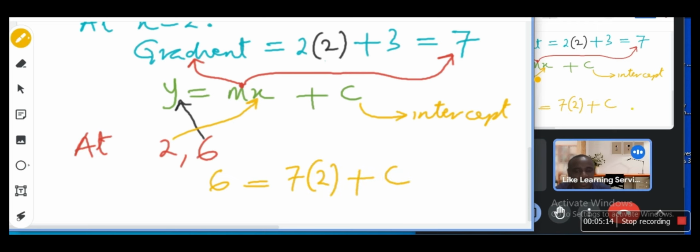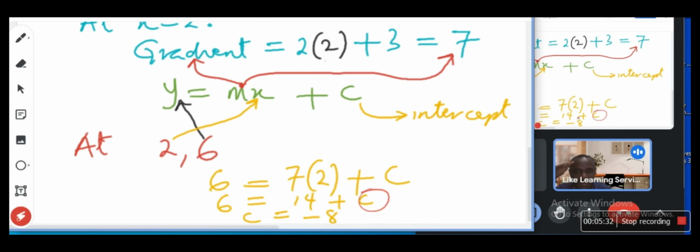We don't know what c is, so we can just use this to find c. So 6 is equal to 14 plus c. What's c? 6 minus 14, which is minus 8. You can solve it in your own way. Just leave c here and take 14 across. It becomes 6 minus 14, it's minus 8. Am I right?